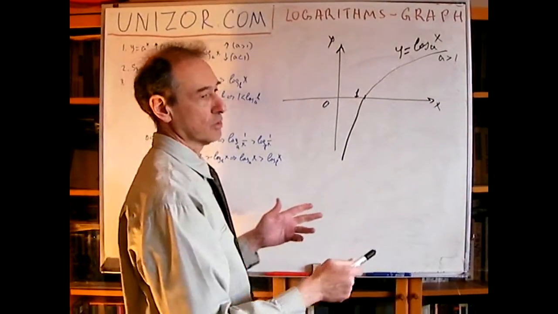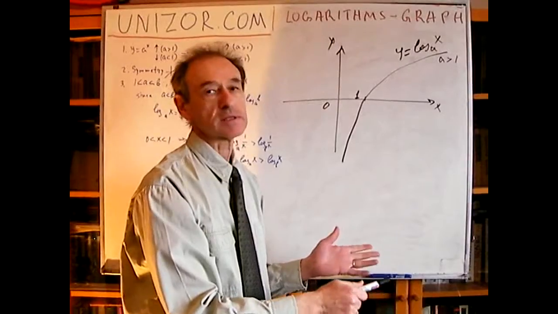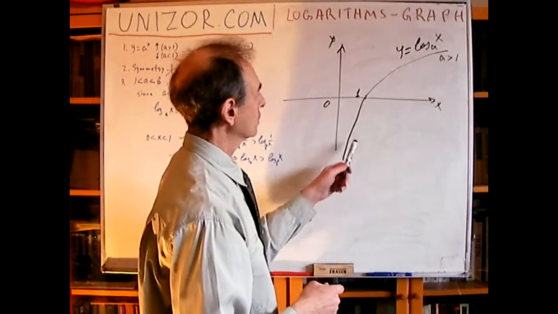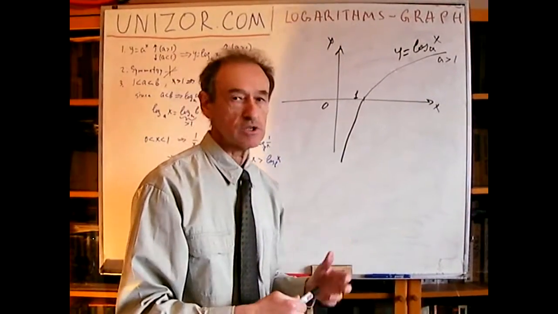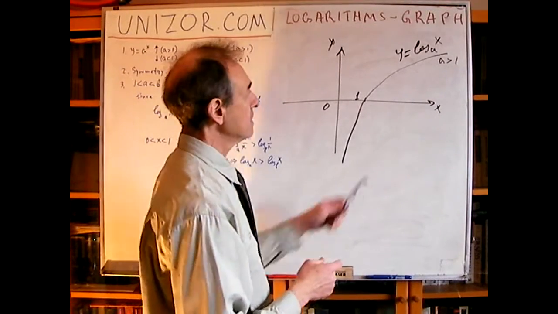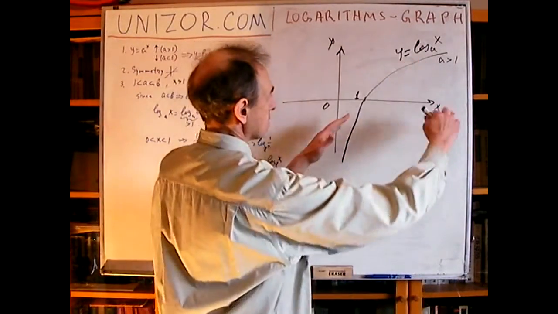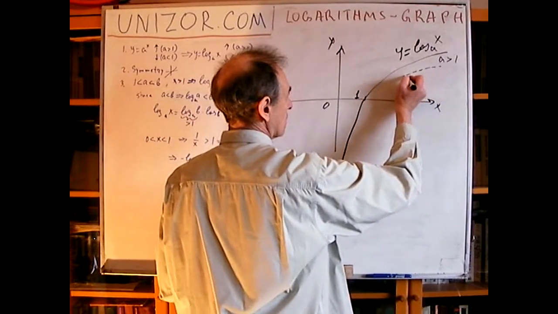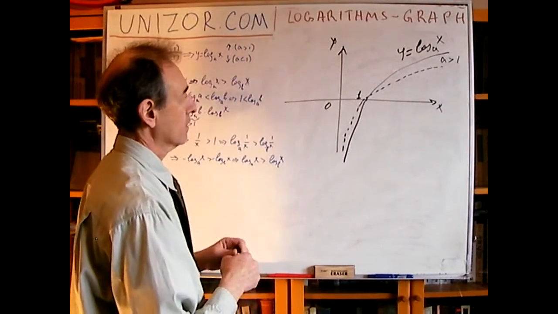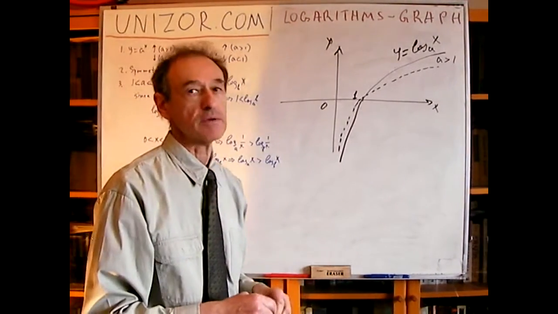Now, I don't even want to talk about the graph when a is less than 1, because it's completely symmetrical, and all relationships are obviously symmetrical as well. So, not only have we drawn this qualitative picture, so to speak, but we also have the quantitative evaluation. If a is growing, then the graph is turning this way. So this goes to this, and this goes closer to this. So that gives you a very nice picture of how the graph behaves.